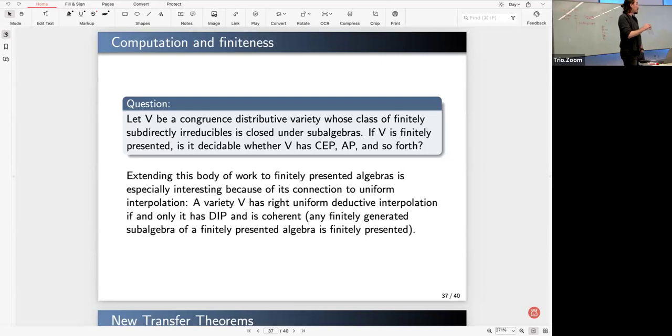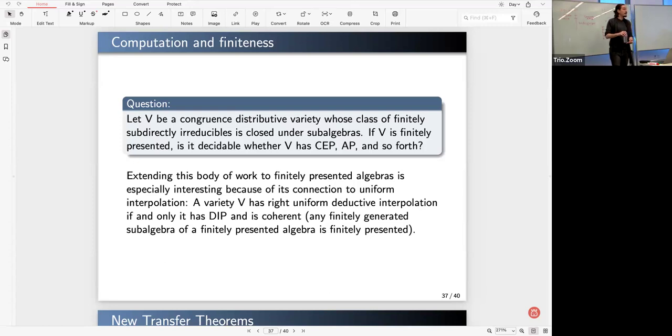Some computational questions. If I take a congruence distributive variety, and the class of finitely subdirectly irreducibles of that variety is closed under subalgebras, and if I assume the variety is just finitely presented rather than finitely generated, can I then decide whether it has the congruence extension property or the amalgamation property?